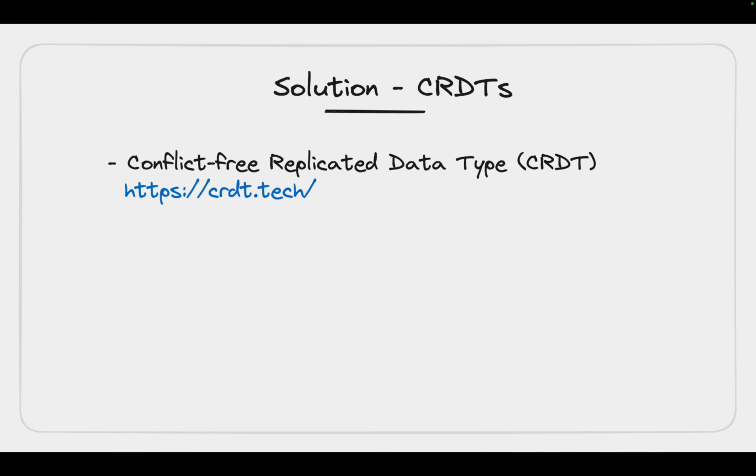After doing some research and asking a couple friends, I found a solution, and that solution is CRDTs. CRDTs stand for Conflict-Free Replicated Data Type. And honestly, it sounds a little scary, but I promise it's not that bad once you get the basics.